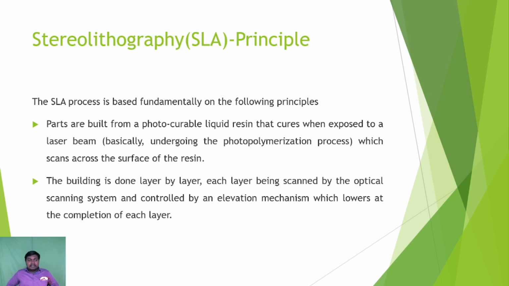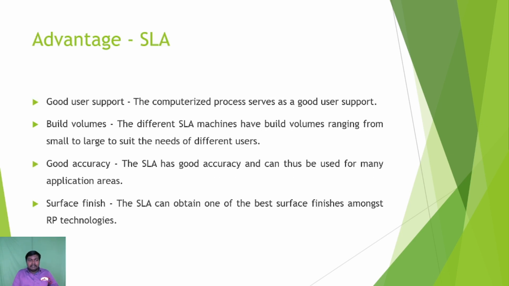Next, the building is done layer by layer. I already said it is made layer by layer, and each layer is scanned by the optical scanning system and controlled by the elevation mechanism, which controls at completion of each layer, and the final product is made. Advantages of selective laser apparatus is good user support.